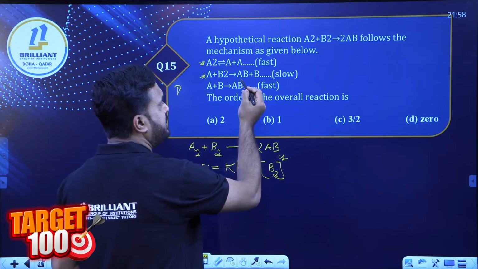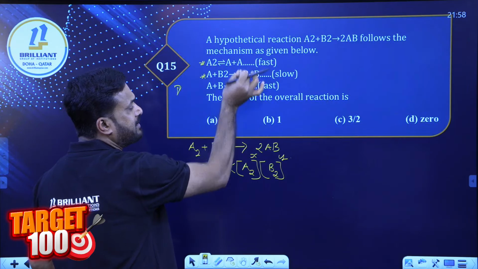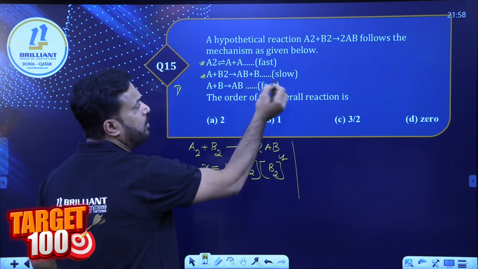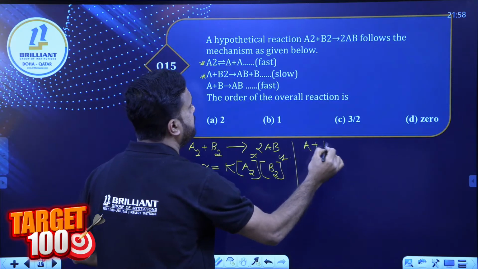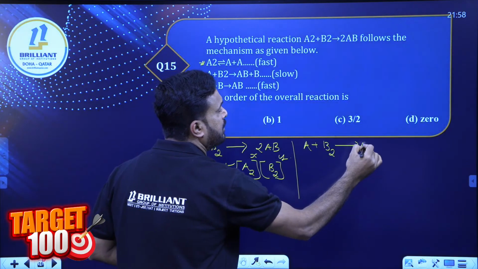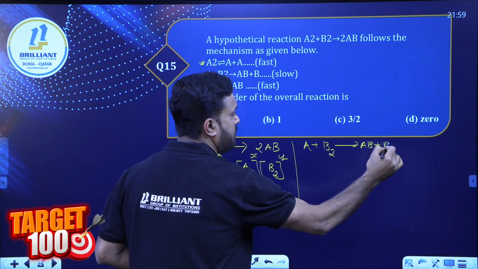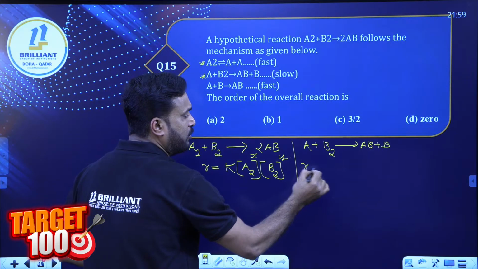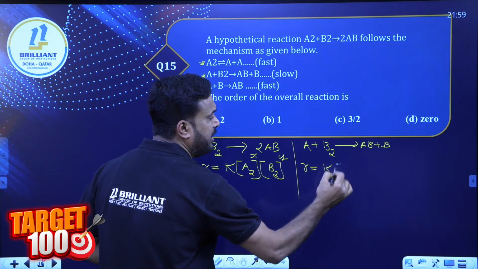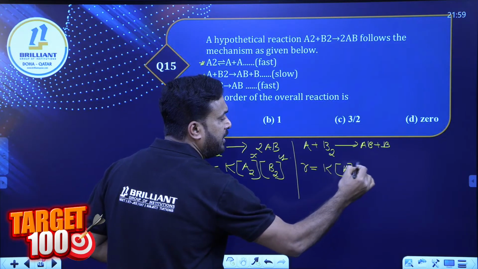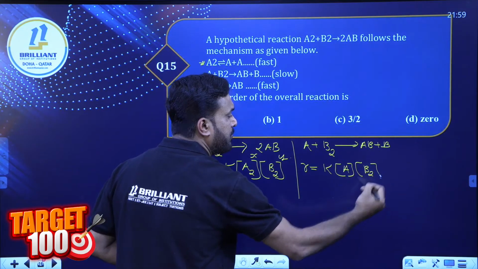But we will not get the direct answer here. The rate determining step is A plus B2 gives AB plus B. If you apply the rate law, since it's elementary, we can take the power as unity: r equal to k into concentration of A into B2.